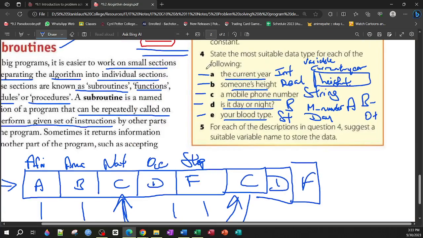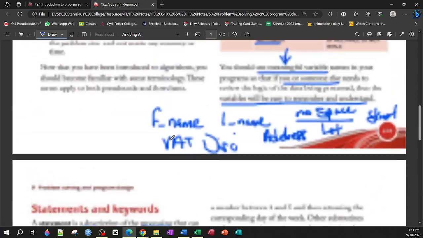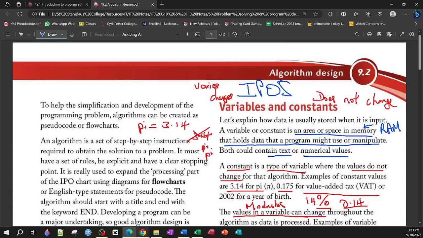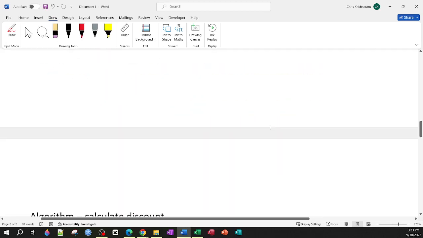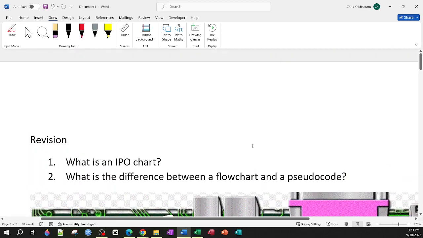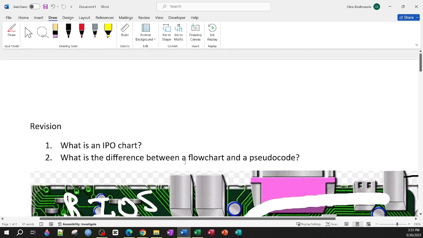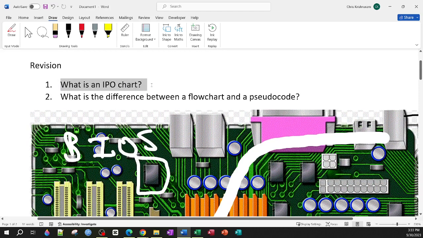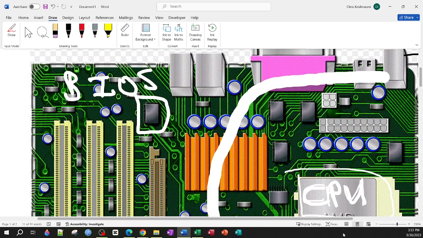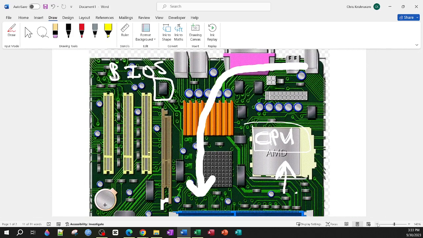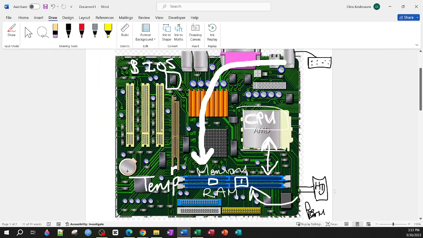All right, to recap what we looked at today. Let me look back at the Word document. We reviewed what an IPO chart is, and the difference between a flow chart and pseudocode. Then we looked at how a computer works with the memory, the RAM, and how we input data and it processes it.